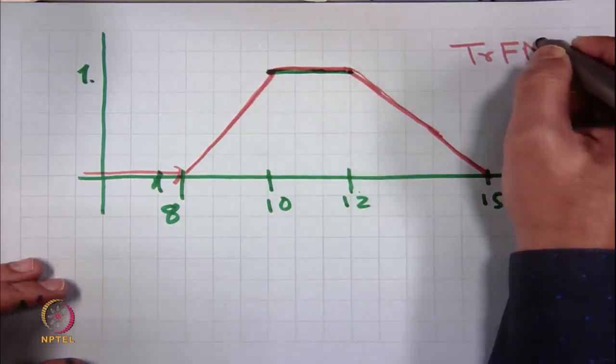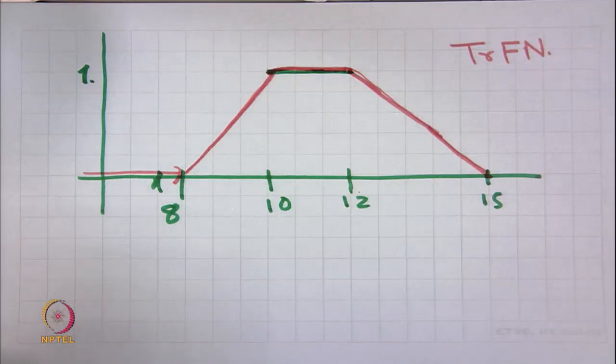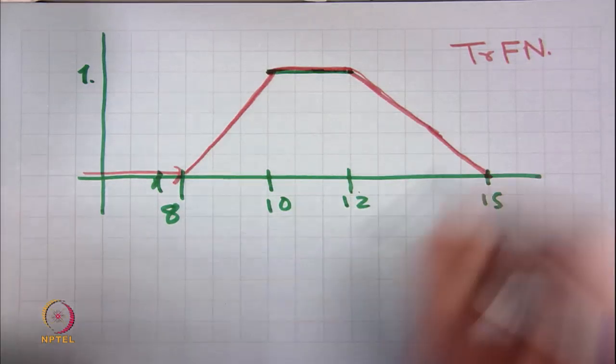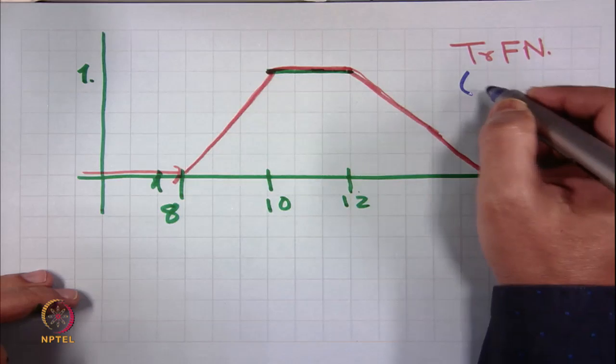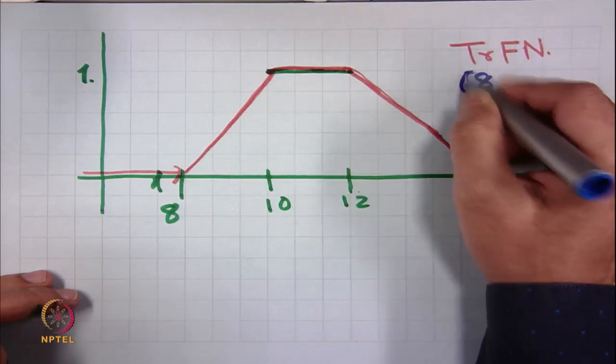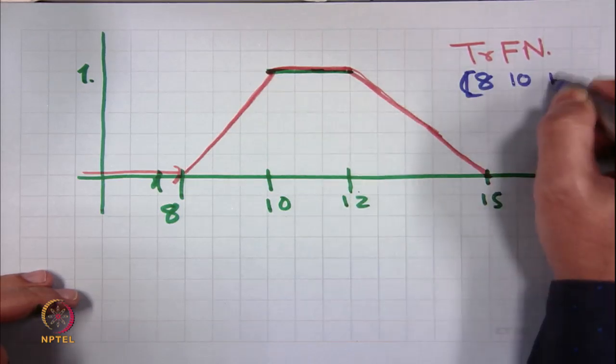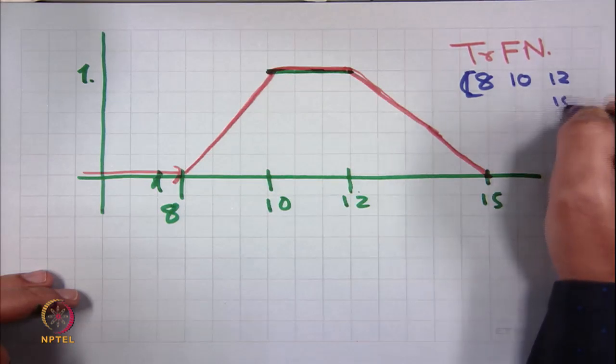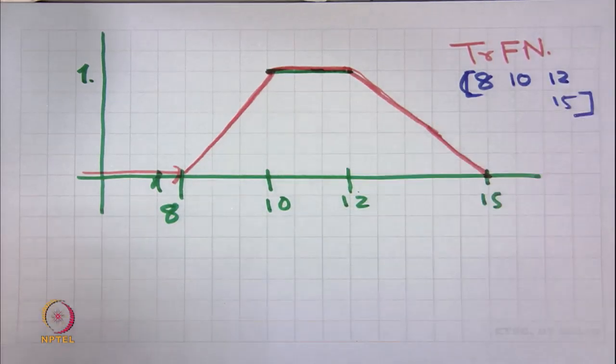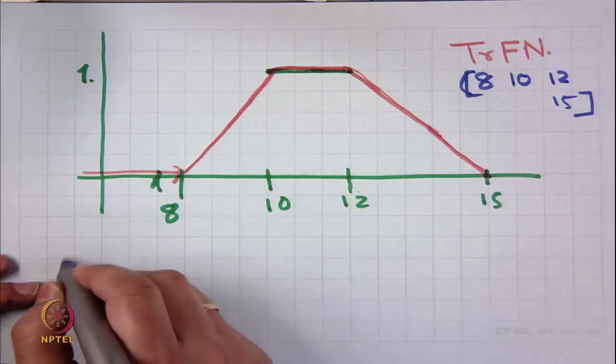denoted by TrFN. Also we can write it as the 4-tuple 8, 10, 12 and 15. What is going to be the membership function?